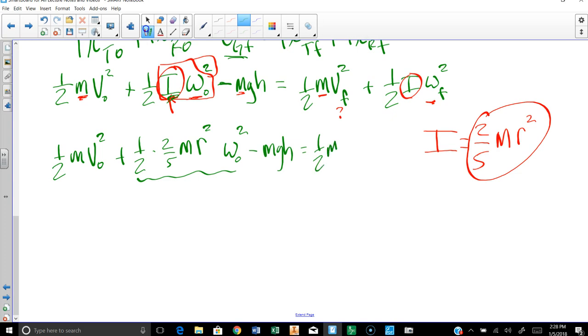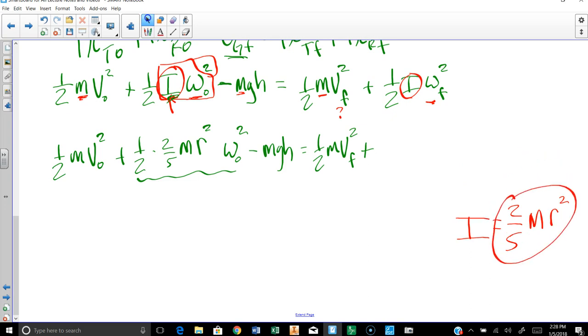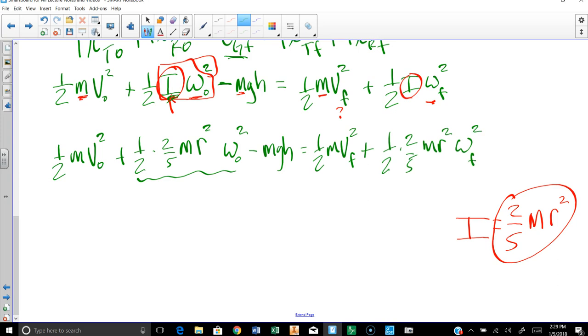Equals 1/2 m final translational velocity squared plus 1/2 times 2/5 times mr squared times the final angular velocity squared.